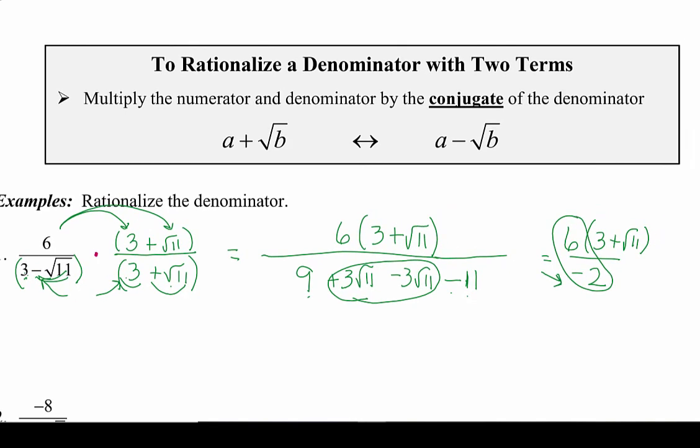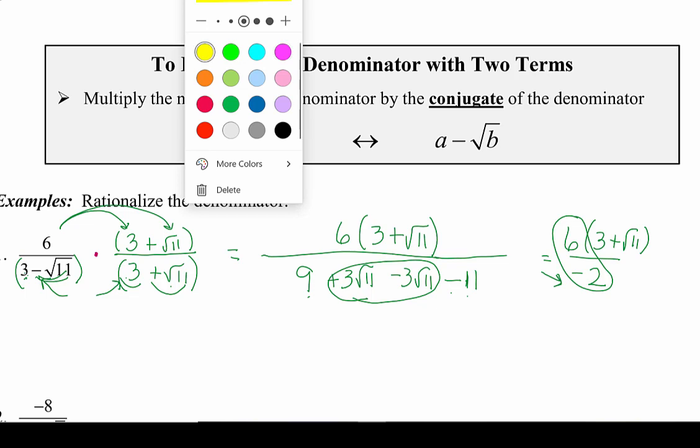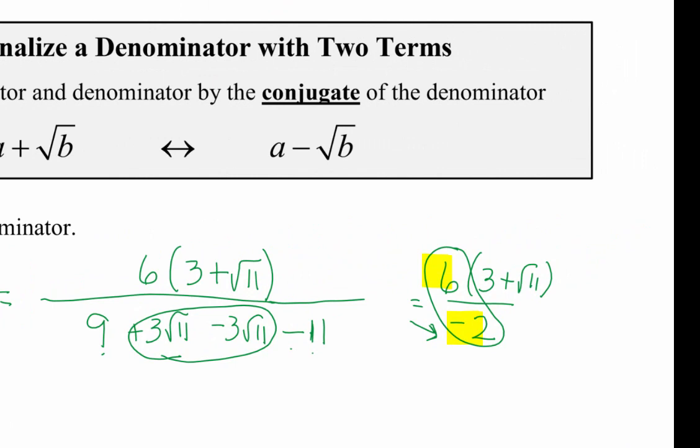So we have a 6 divided by a negative 2, which is a negative 3. And that negative 3 I will then distribute. And my answer is negative 9 minus 3 square root of 11.